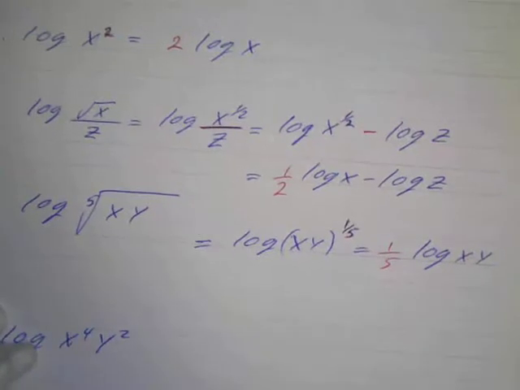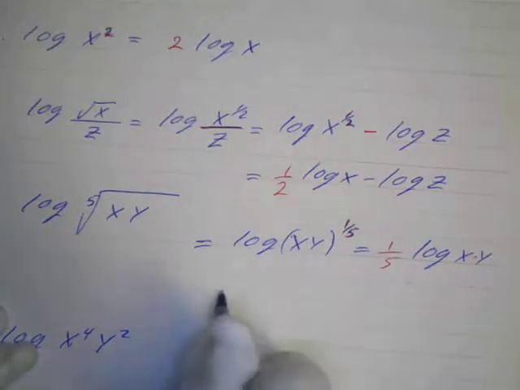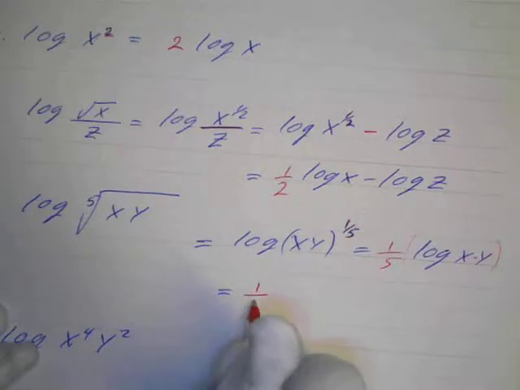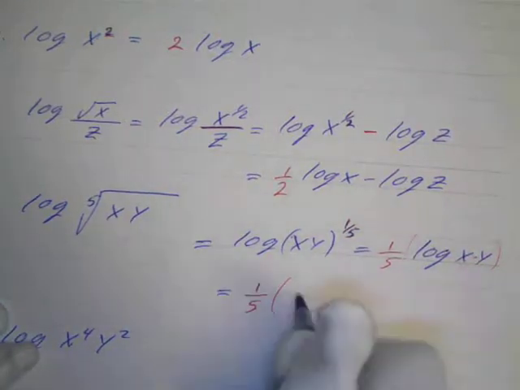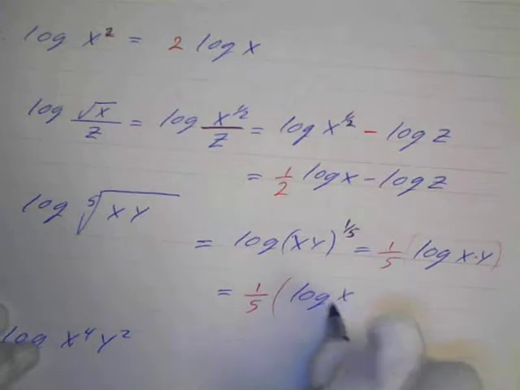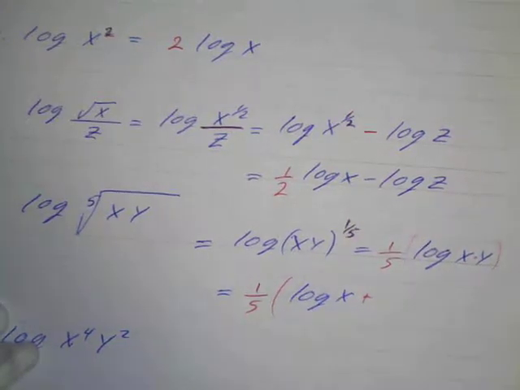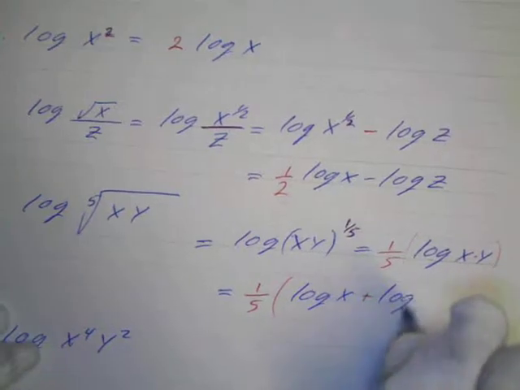Now we know that this is the log of a product, so that's going to be the sum of the logs. Now I've got a 1/5 here, so be careful. Make sure you realize that this 1/5 is going to be in front of everything. It's like there's a parentheses around this. You don't really need the parentheses there, but you will need it later. So I have 1/5 times, in parentheses, the log of x plus the log of y.